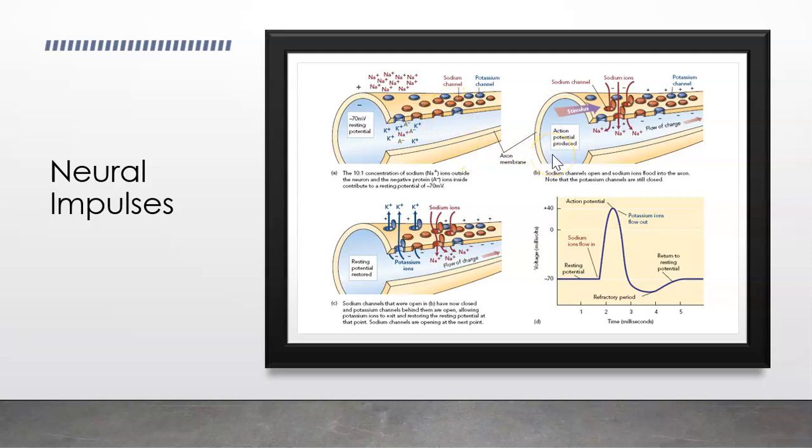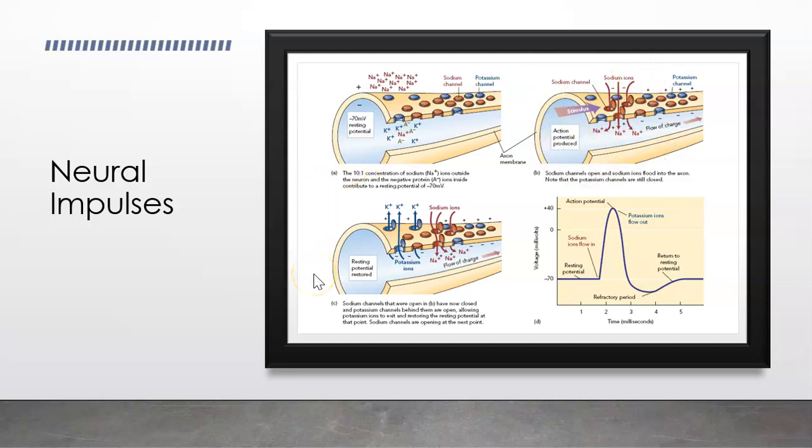Then during an action potential, we get an opening of the sodium channels. Sodium floods into the cell, causing the cell potential to become positive, and then we get an action potential when it reaches negative 40 millivolts. The potassium channels are still closed, sodium floods into the cell, more positive inside, more negative outside the cell.